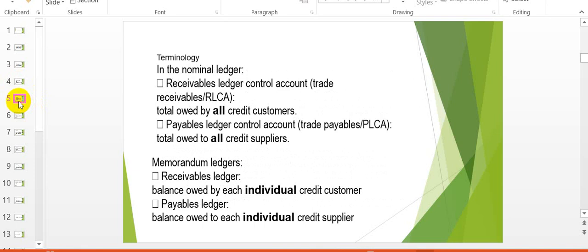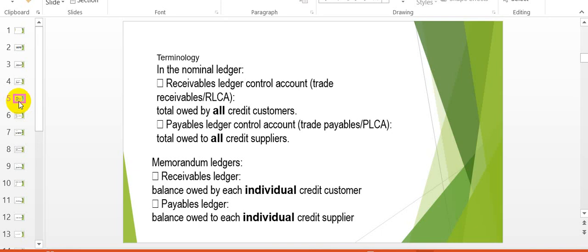So, to summarize these ledger accounts, we have a receivable ledger control account, which records all the totals of all credit customers.